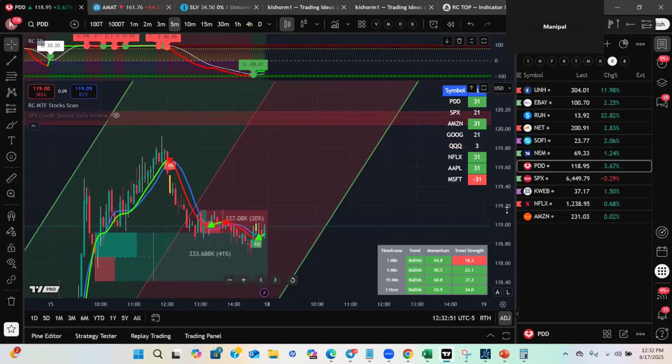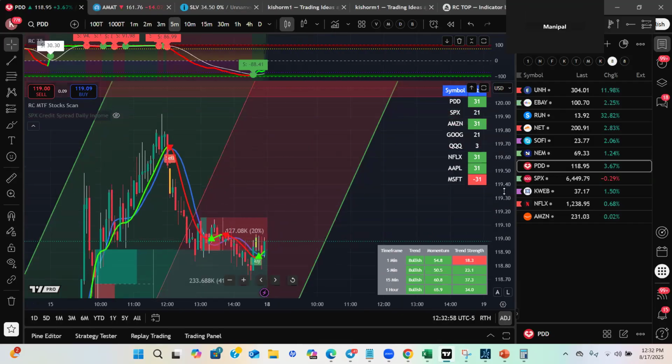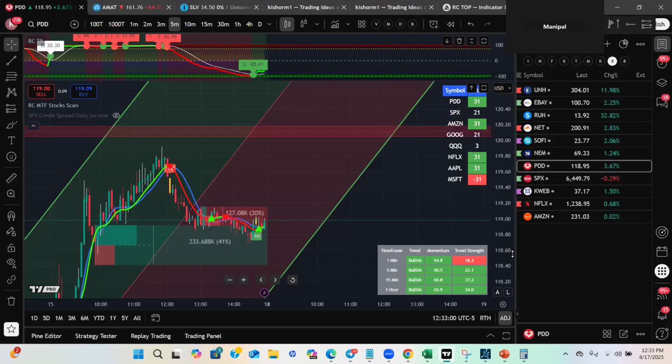We have some indicators for Thinkorswim, but the indicators in TradingView are much more powerful, much more effective. So we need to set up these indicators in TradingView only, and then based on those signals, we need to take the trades on Thinkorswim or any other platform.